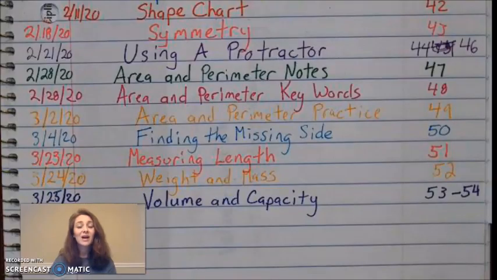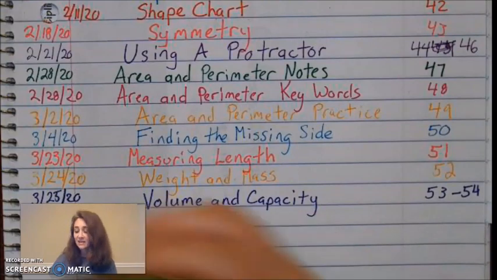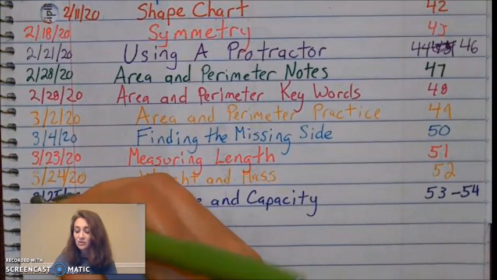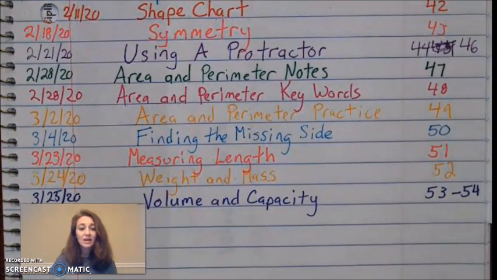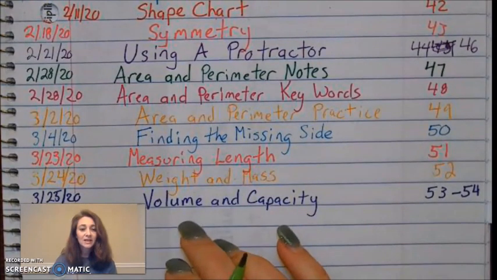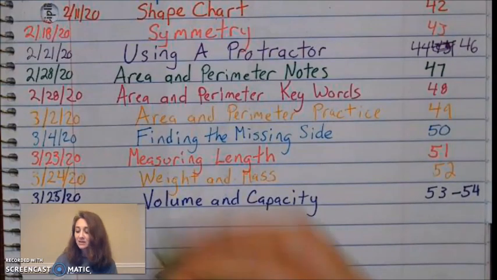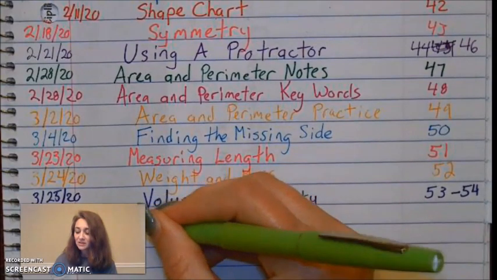Okay, so we have our math journal open. We're going to open it to our table of contents and put today's date, 3/27/20. And our title or topic for today is going to be measurement conversions.